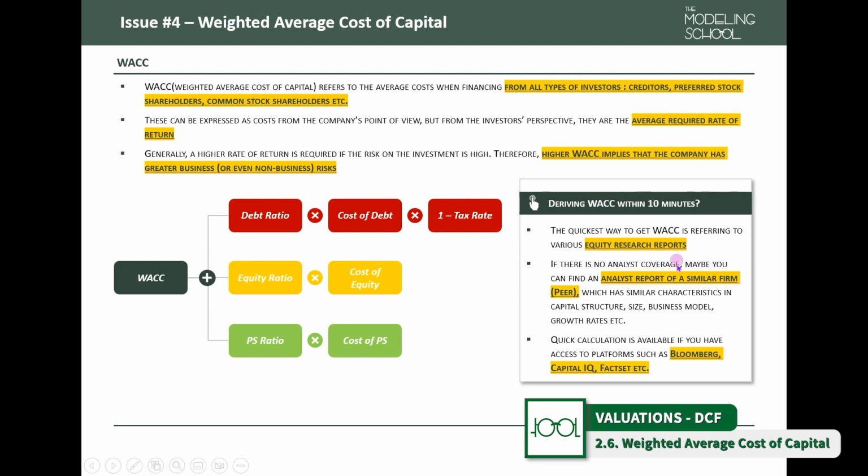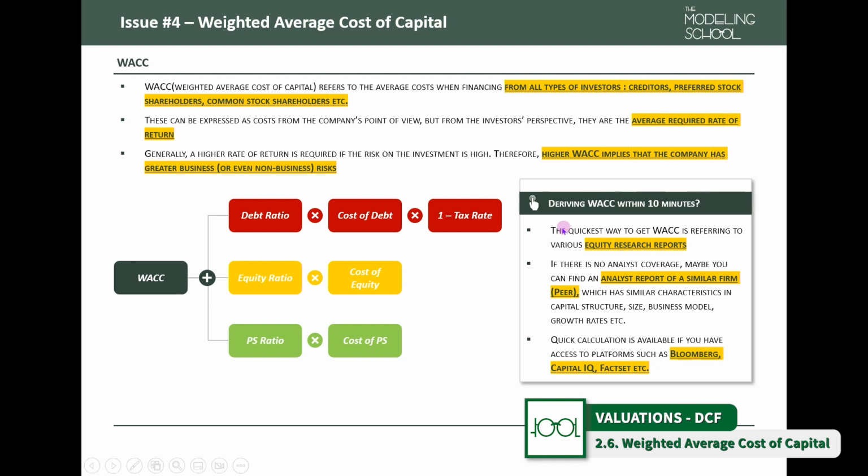And if you're really in a hurry, you can use that weighted average cost of capital. If you have access to Bloomberg, Capital IQ, or FactSet, utilizing them would also be a very good way to calculate WACC very quickly.